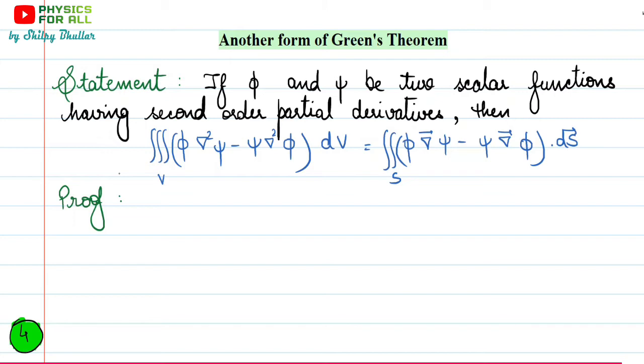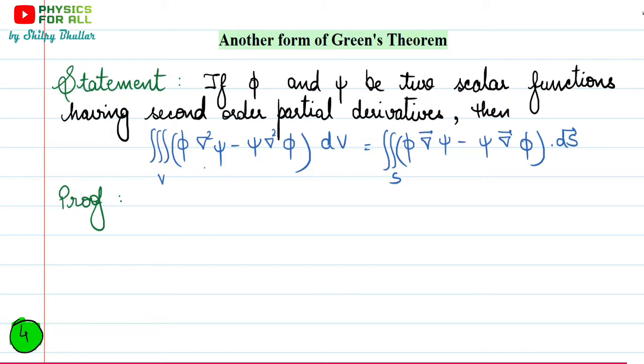If they have second order partial derivatives, then this is the expression. You can see phi del square psi minus psi del square phi, its volume integral is equal to the surface integral of phi del psi minus psi del phi.